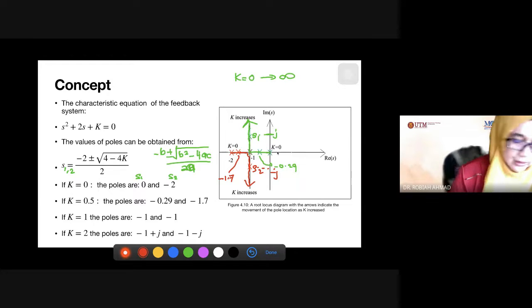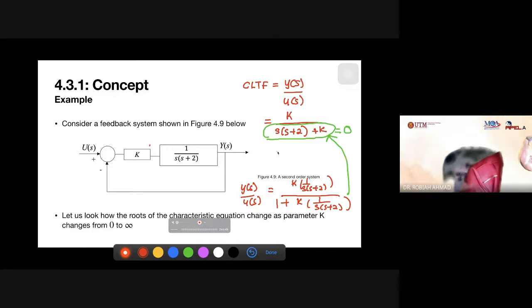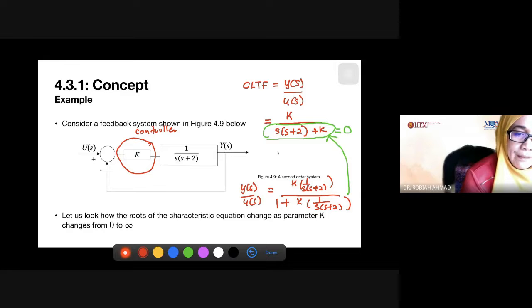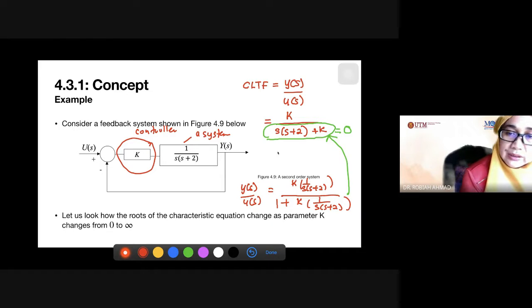Because K, if we look at it just now, represents the controller, the control system. Because if we draw a control block diagram, this is the transfer function of a system. It doesn't matter what system, electrical, spring mass damper system, gear, and so forth.